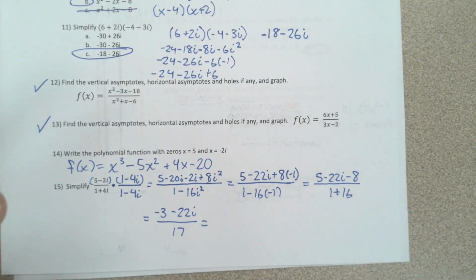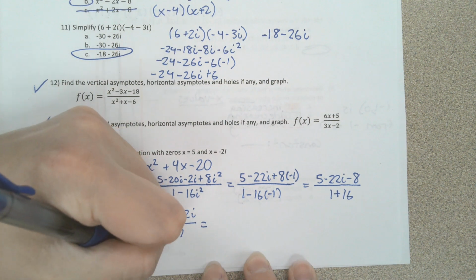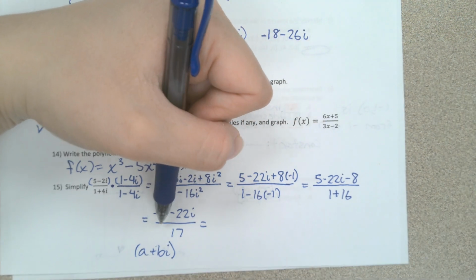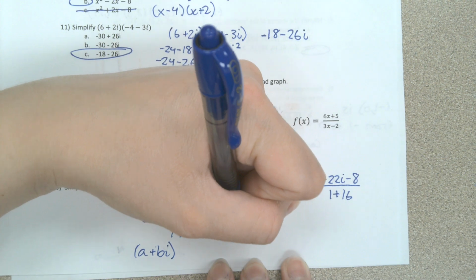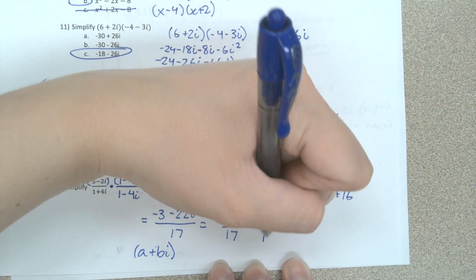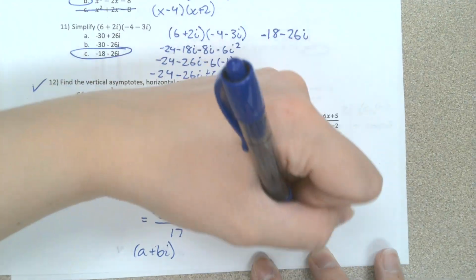And then the proper way to write your final answer, remember it needs to be in that a plus bi form. If we have fractions, we want to make them into two separate fractions. So you have negative 3 over 17 and then minus 22 over 17i. That would be your full final answer.